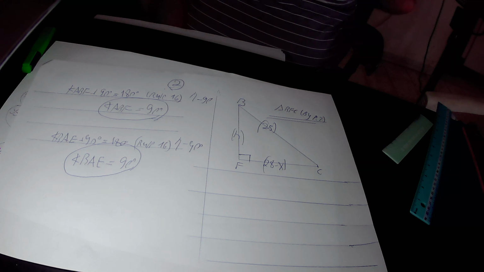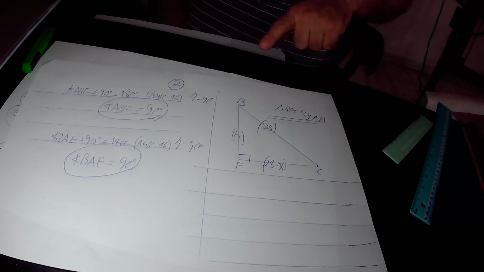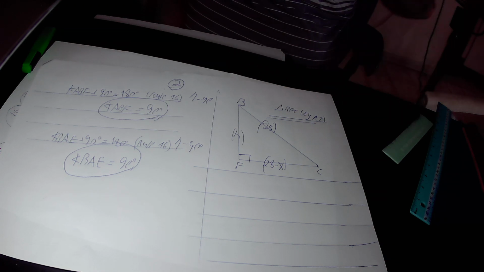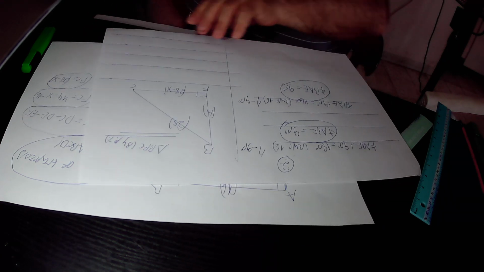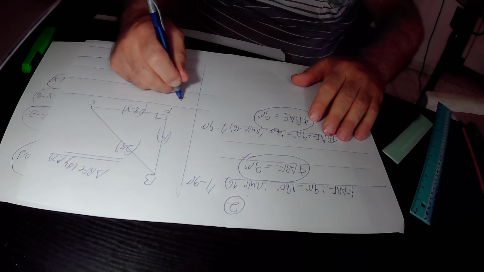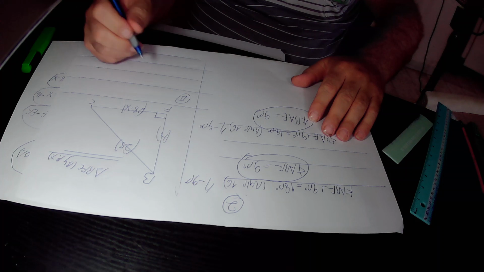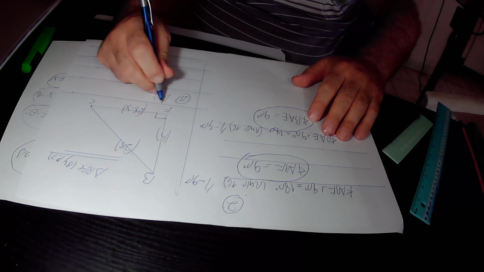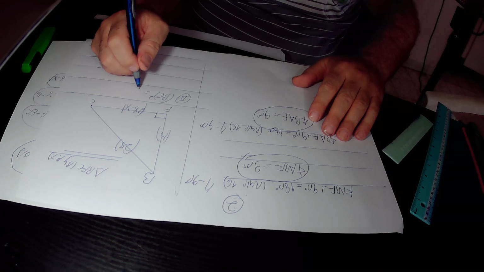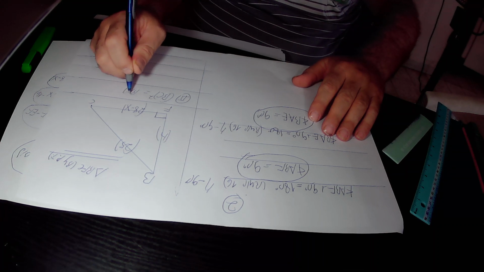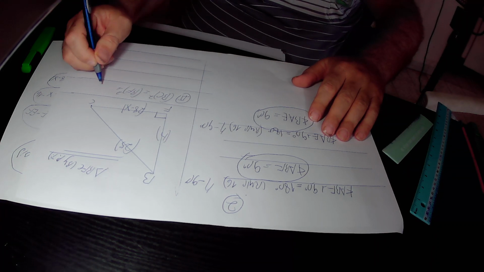According to the Pythagoras theorem, in this right triangle BFC, BC squared, that is the square of the hypotenuse, equals BF squared plus FC squared. So I write it down. This will be equation 2. BC squared, the square of the hypotenuse, is equal to BF squared plus FC squared.